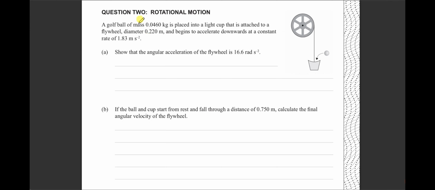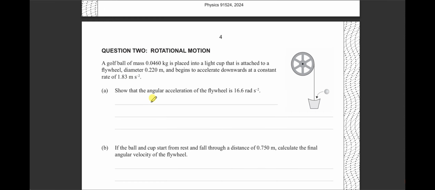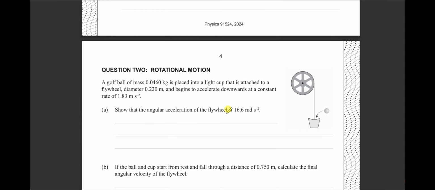Now let's move on to the next one. Question 2, rotational motion. A golf ball of this mass here is placed into a cup, downwards at a constant rate of 1.83. Show that the angular acceleration of the flywheel is 16.6 radians per second.